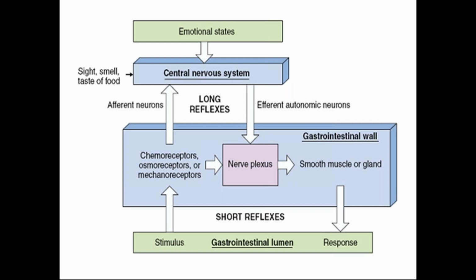The brain is sending signals to our gut and the gut is sending signals to the brain. Both are modifying each other's activity depending upon our mental condition. When you are very hungry, you also cannot concentrate because signals are moving from your gut and affecting the emotional state or the state of our brain.